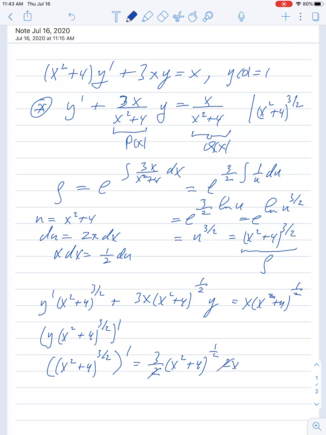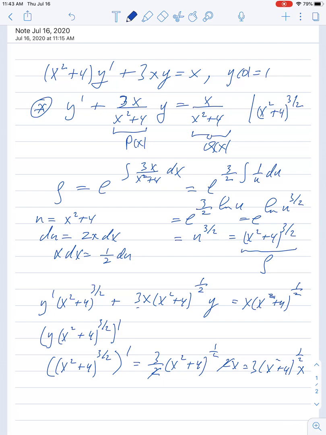Reducing by 2, this will be 3 times x squared plus 4 power 1/2, and 1 more x here. And that's what we have in this place, exactly. That's the derivative.